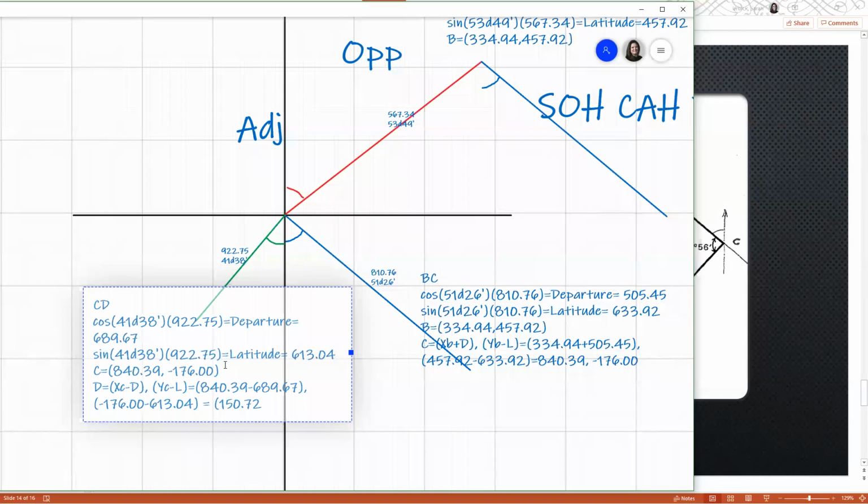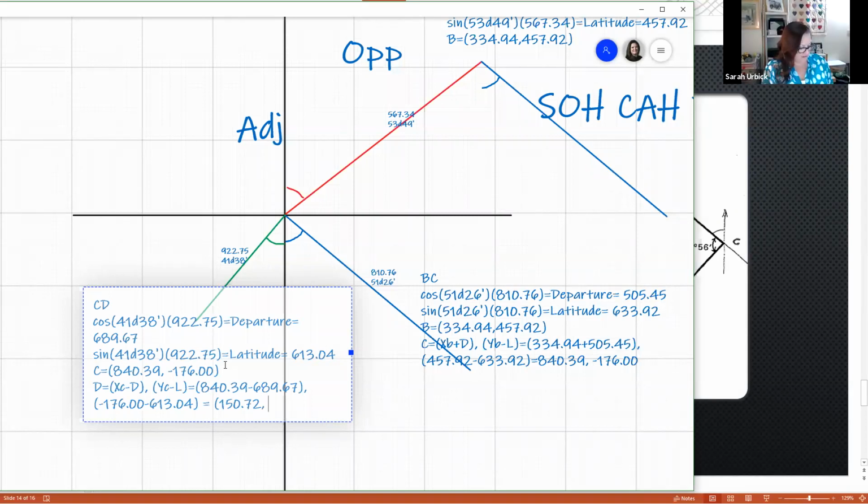Yep, 150.72. I got that. And then I have negative 176 and 613.04 also negative, 789.04. Excellent.